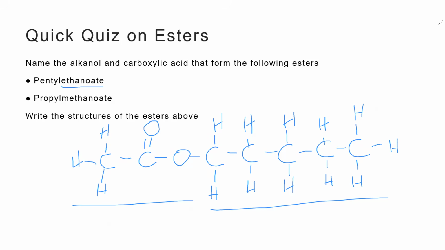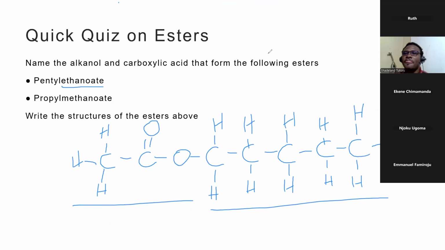If you check your notes and what you wrote is the same as what I wrote, then you can reward yourself with a chilled glass of Zobo. So everybody now, propyl methanoate. I need to see your own.